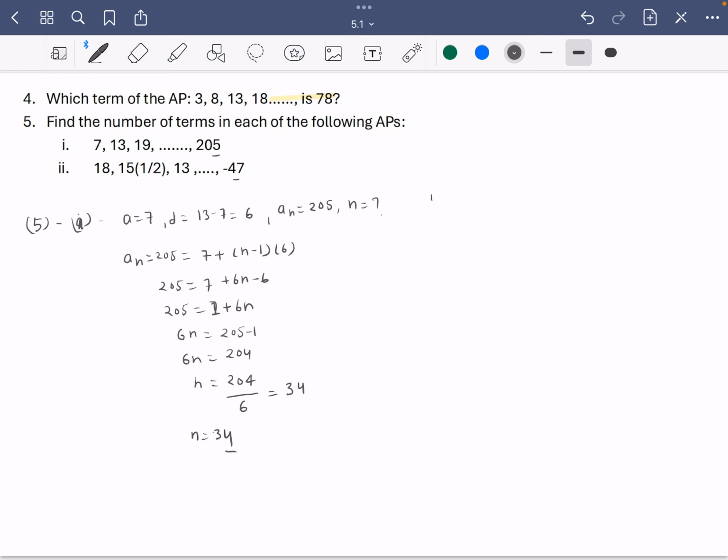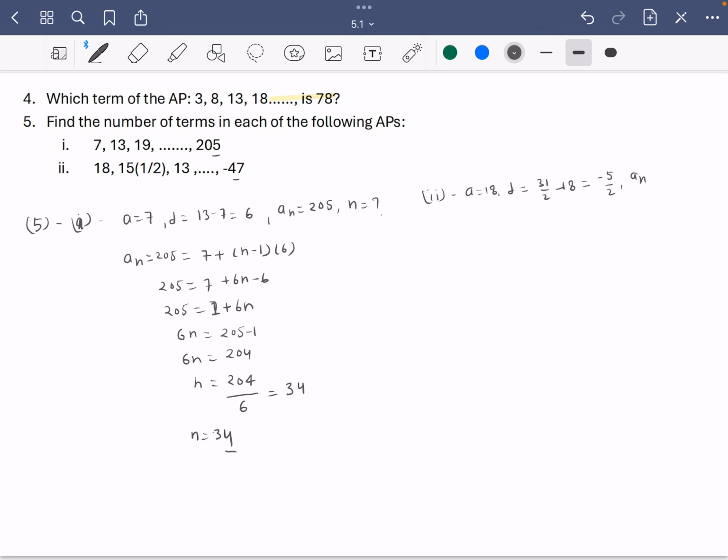The second question, the second sub-part of this question. A is 18, D is 15 times 1 over 2. So 15 times 1 over 2 is 31 over 2 minus 18, which is going to be minus 5 over 2.